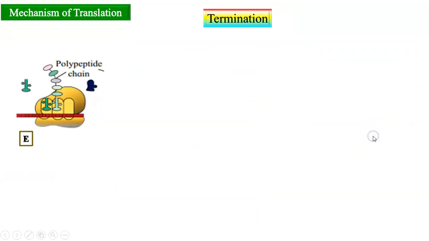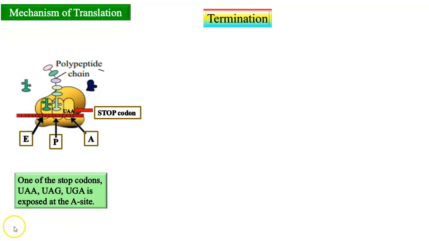And then the last step, and that is termination. In the termination step, one of the stop codons, maybe UAA, UAG or UGA, is exposed at the A site, and it is not read or joined by any anticodon of transfer RNA.